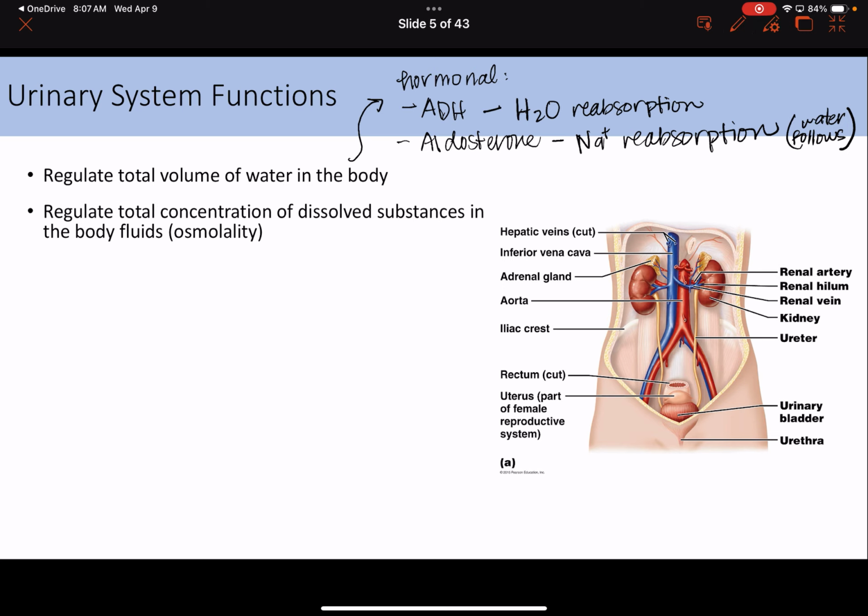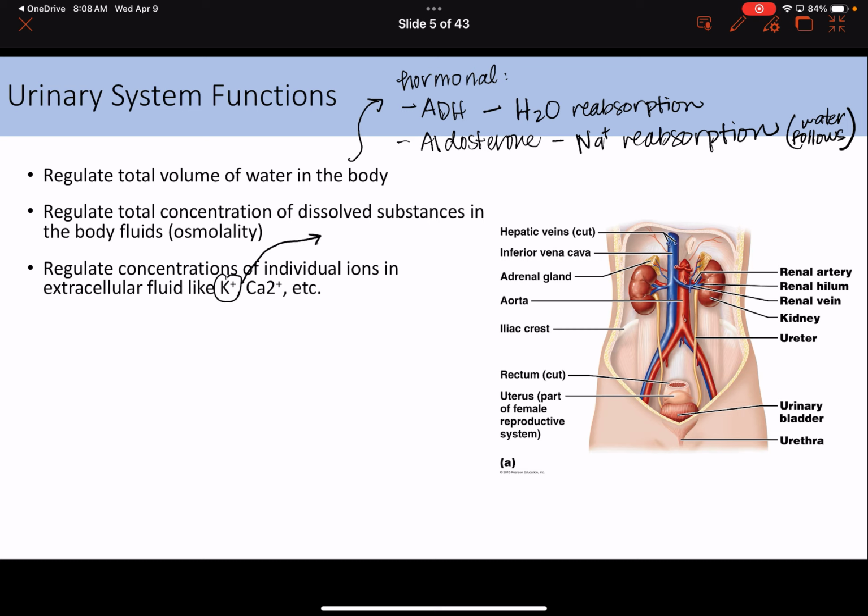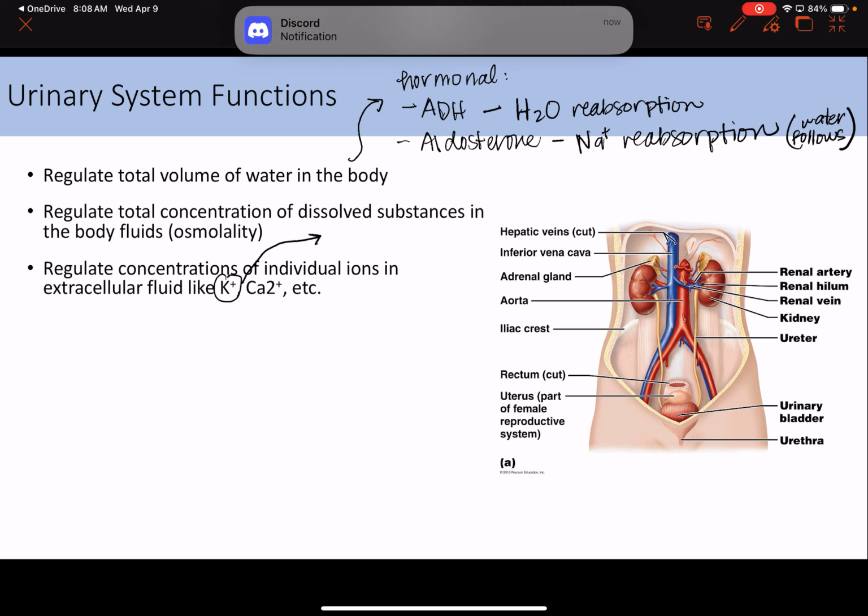All right. The urinary system is also going to regulate total concentration of dissolved solutes in the bodily fluid, so it's going to maintain osmolality. We're going to have regulation of concentrations of individual ions in the extracellular fluid, like potassium. Potassium regulation is related to aldosterone.